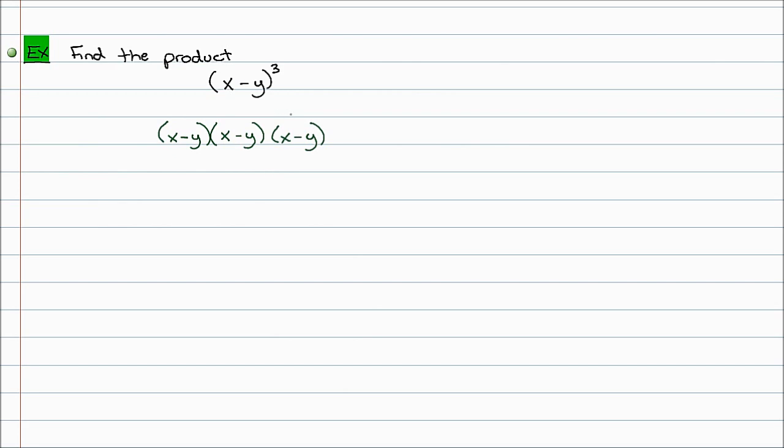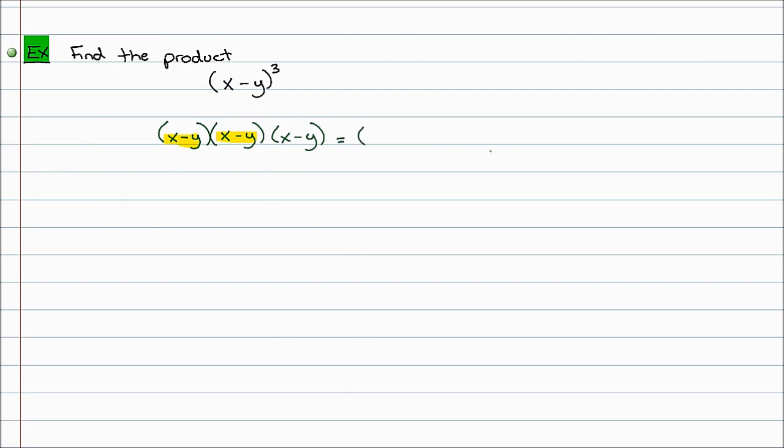And if you have this many objects multiplying, you should take it two at a time. In other words, take one of these binomials, x minus y, maybe the first one, and multiply it by the second binomial or any of the other binomials. I'm just going to choose the first and the second here. So that's a process of distribution.